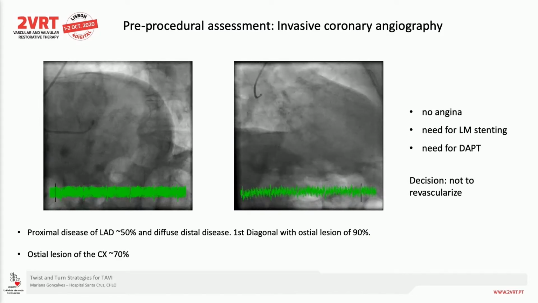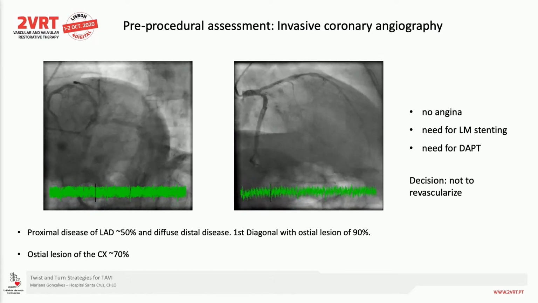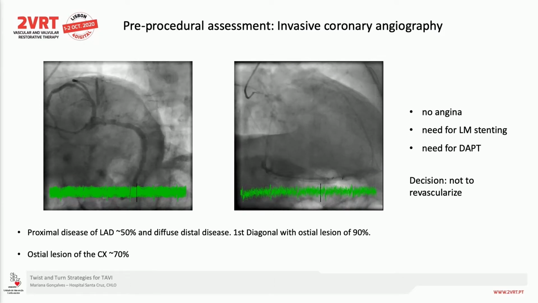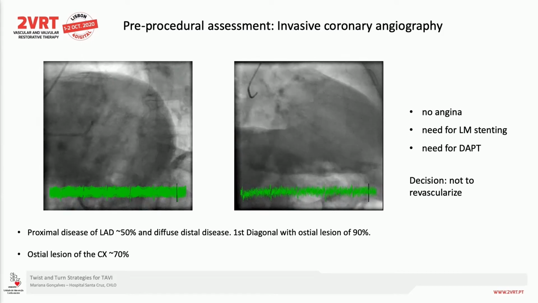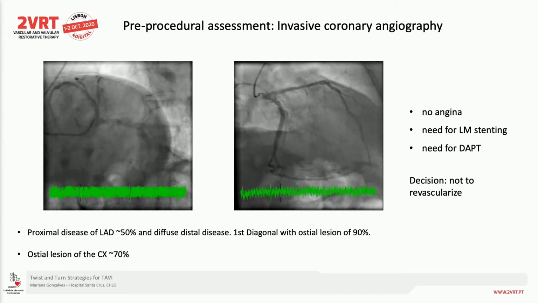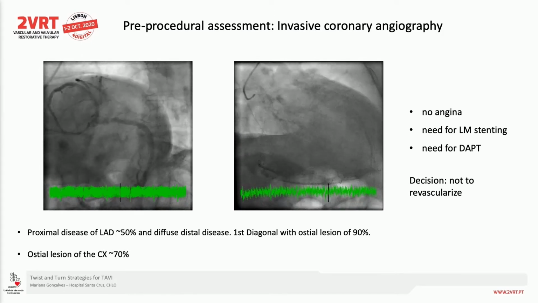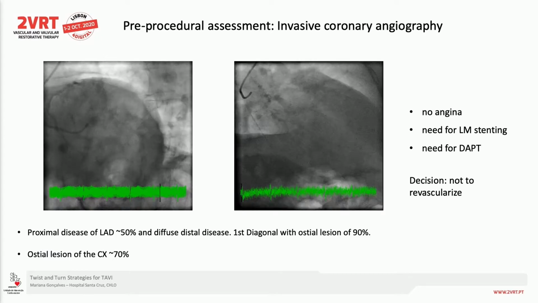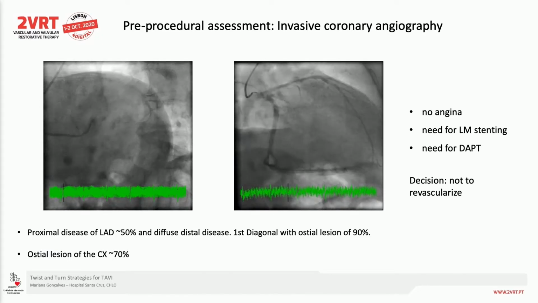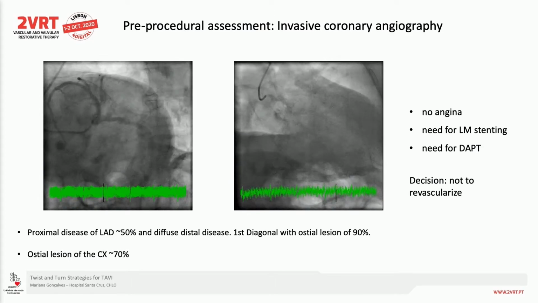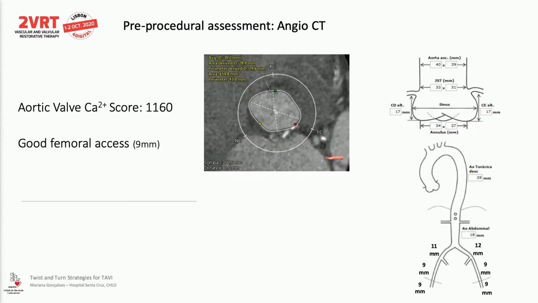Though, the patient never presented angina. Treating this patient would obligate left main stenting, and it would ask the patient to remain in dual antiplatelet therapy. So the decision was not to revascularize.